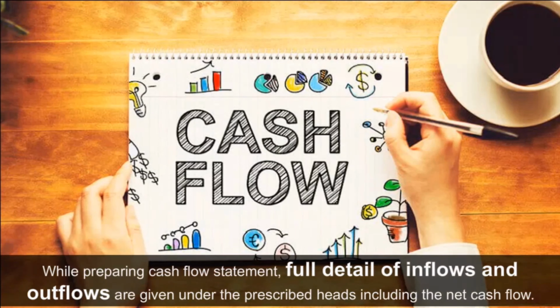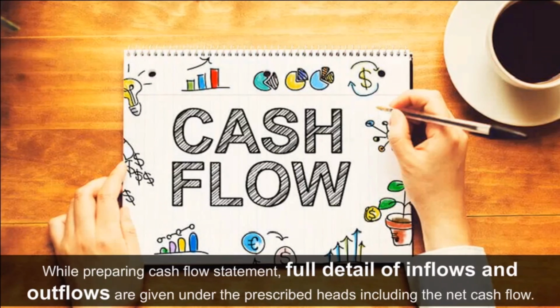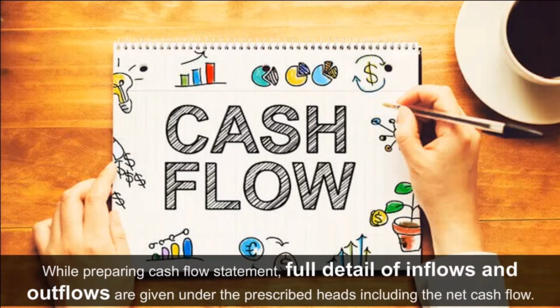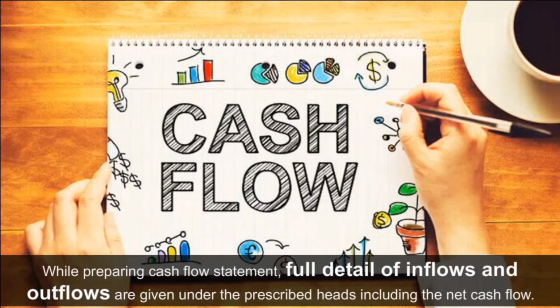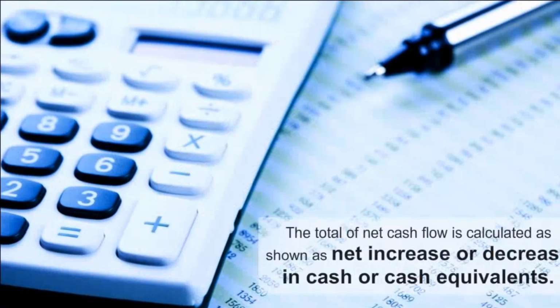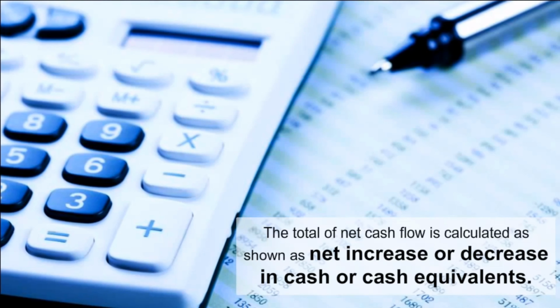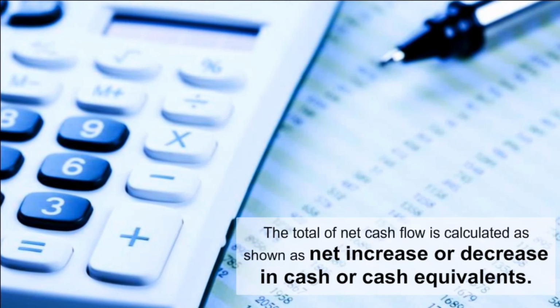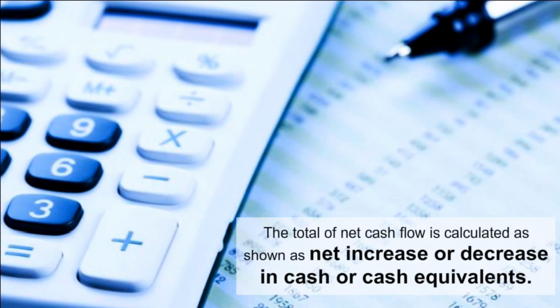While preparing the cash flow statement, full detail of inflows and outflows are given under the prescribed heads, including the net cash flow. The total of net cash flow is calculated and shown as net increase or decrease in cash or cash equivalents.